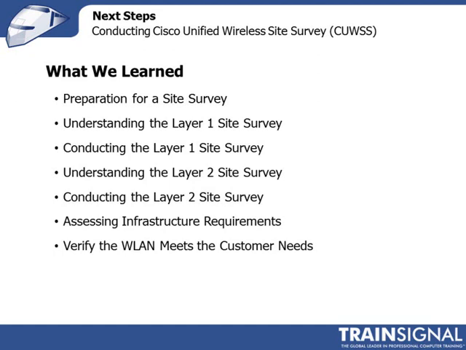We then went on and actually conducted a Layer 2 site survey, and to do that I used the AirMagnet Survey Pro tool in the Train Signal site to place my first access point, and then of course we can expand then to place the other access points. Then we went on to talk about the infrastructure requirements.